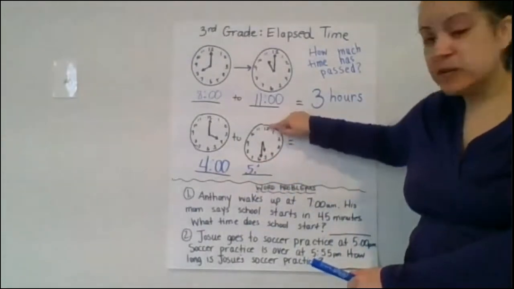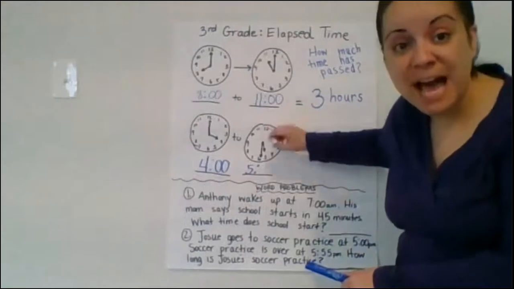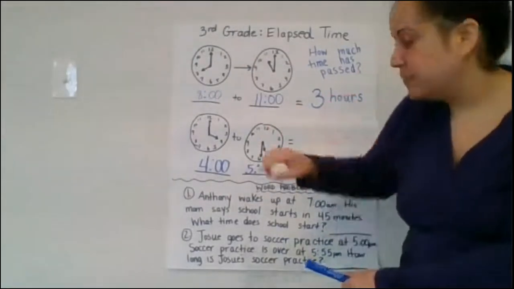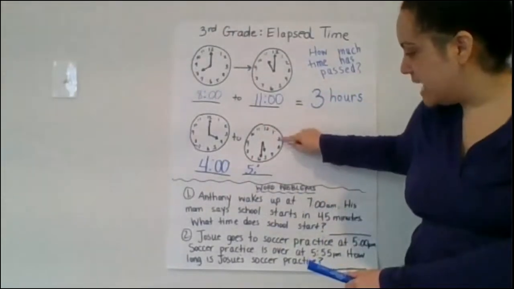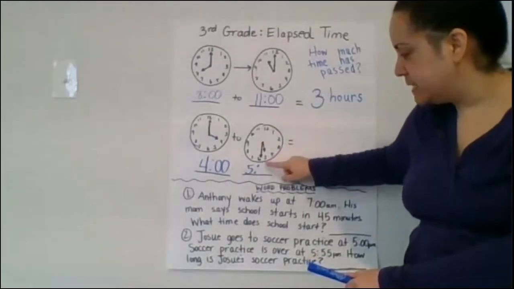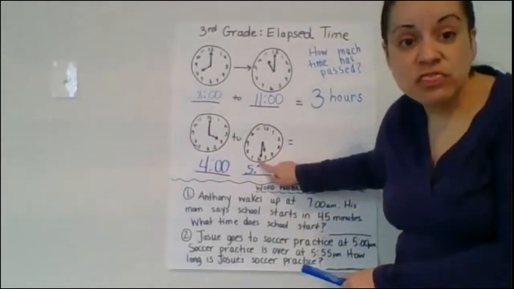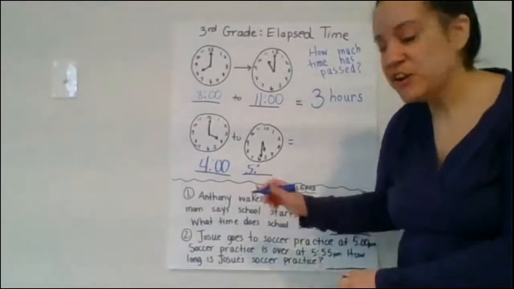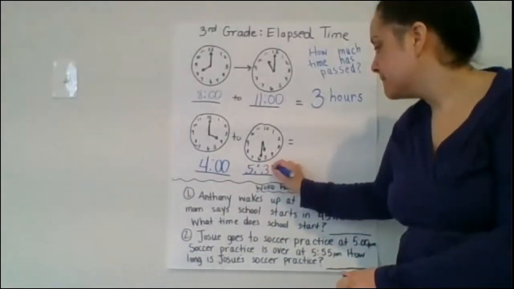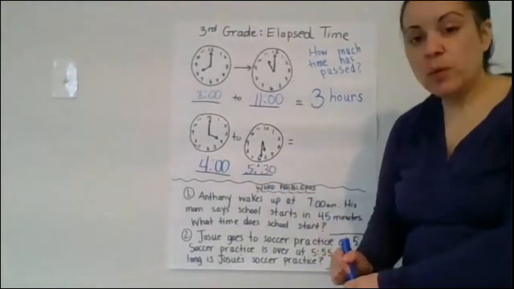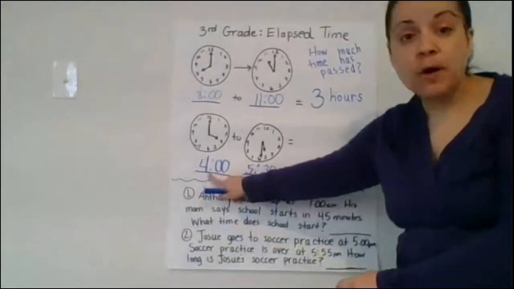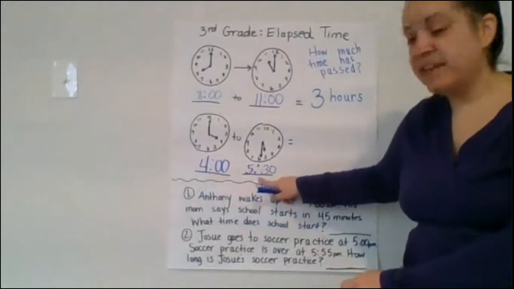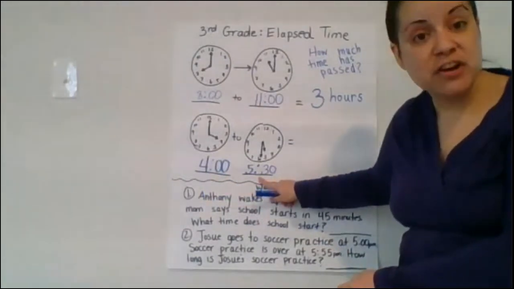So let's start up here at the top. Remember, we're counting by 5s. 5, 10, 15, 20, 25, 30. Yes, so it is 5:30. So we started at 4 o'clock and we finish at 5:30.